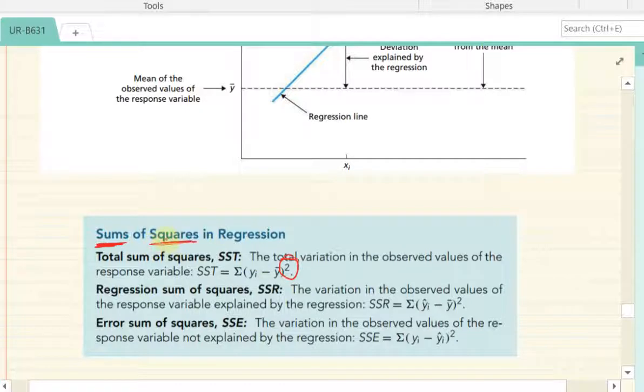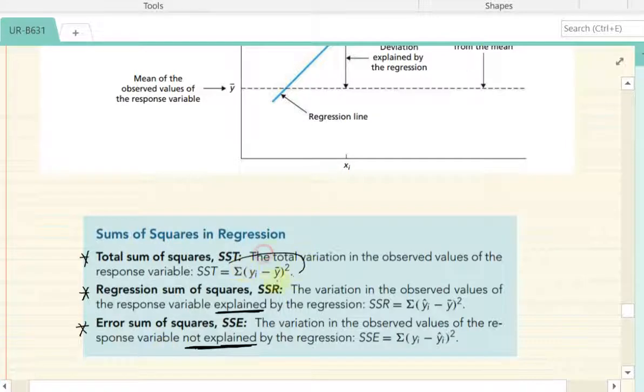So it's the sum of the squares. Now, there are 3 sums of squares in regression. These 3 sums of squares are the total sum of squares, then you have a regression sum of squares, and you have what we call the error. The regression sum of squares is actually the explained portion, and the error or residual is the unexplained portion. Okay, that's what those are.